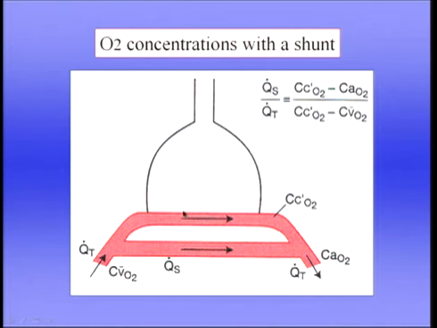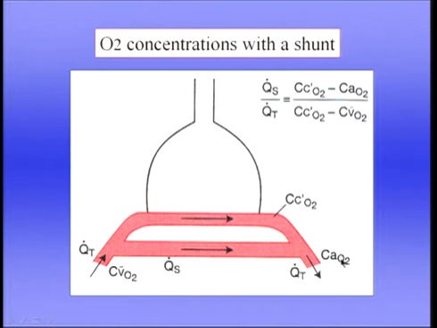The blood that passes through the gas exchanging regions of the lung is well oxygenated, and therefore the concentration of oxygen in the end-capillary blood, we put a small c for capillary and a little prime on the end indicating end-capillary, is normal, because most of these patients with a shunt have a normal lung, and therefore a normal alveolar PO2. No reason to expect a problem in the lung.